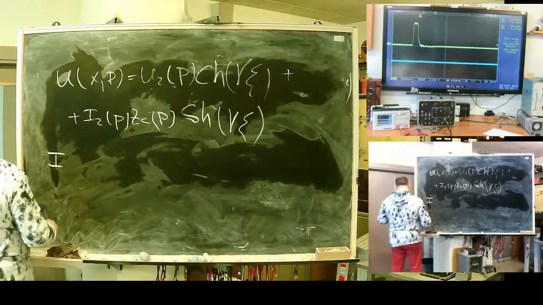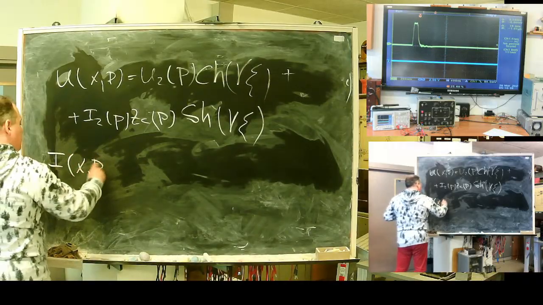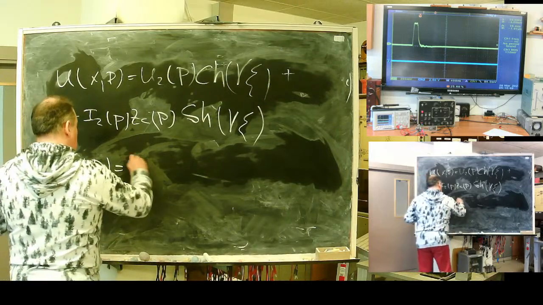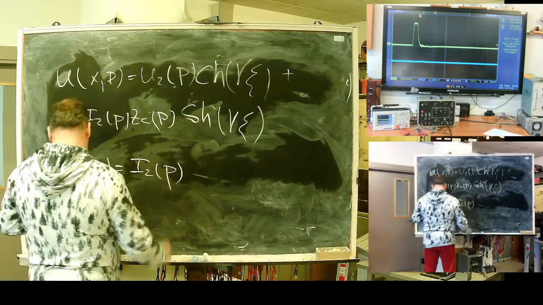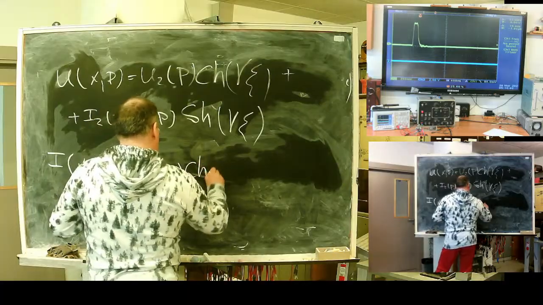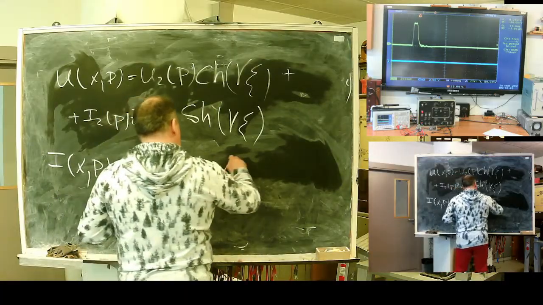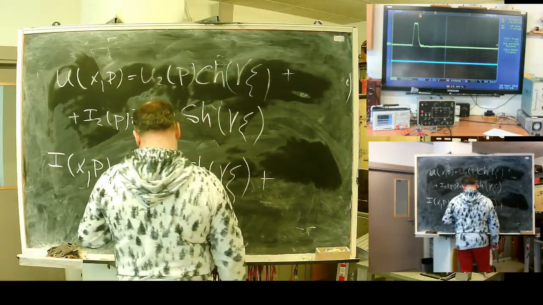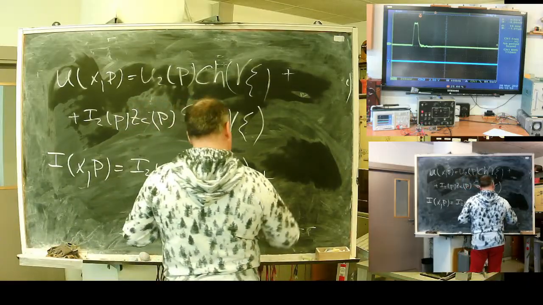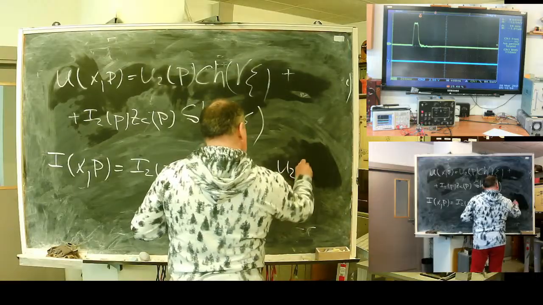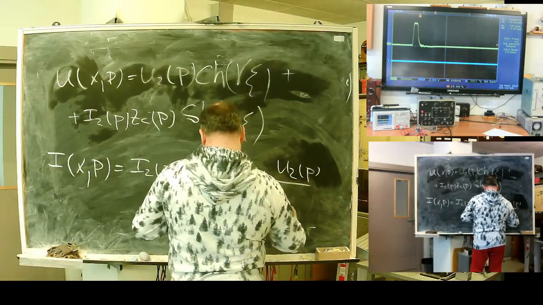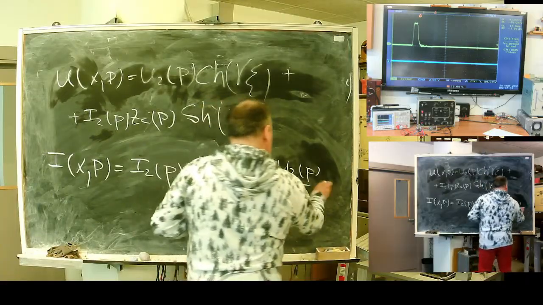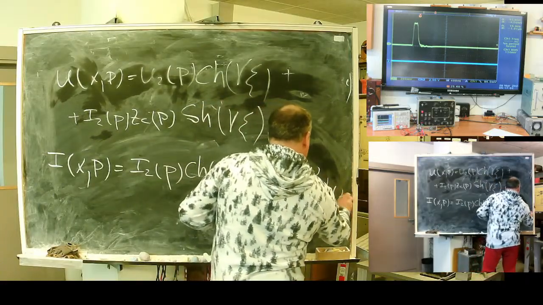Current can be written as receiving end current times hyperbolic cosine of gamma xi plus receiving end voltage divided by wave resistance times hyperbolic sine of gamma xi.